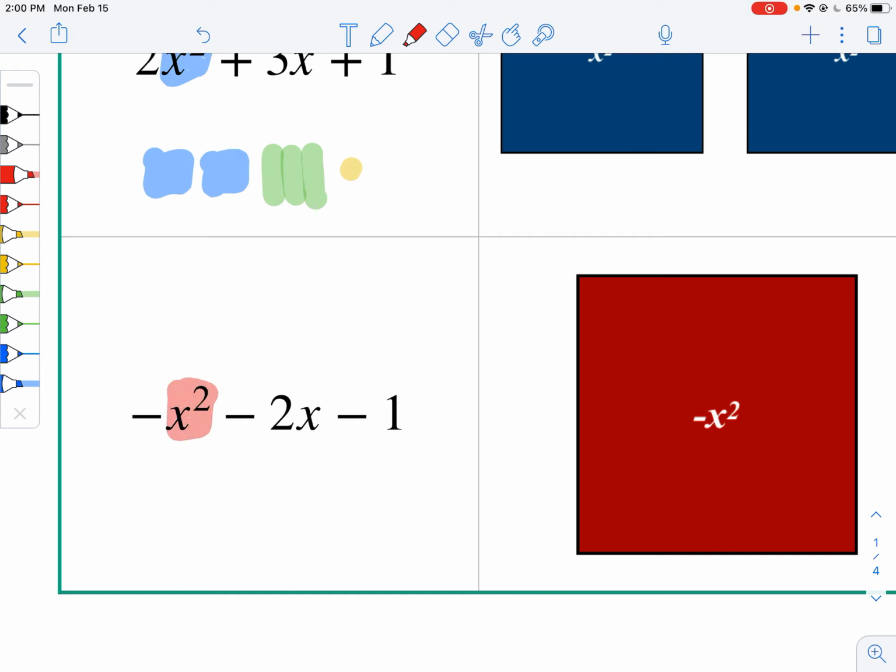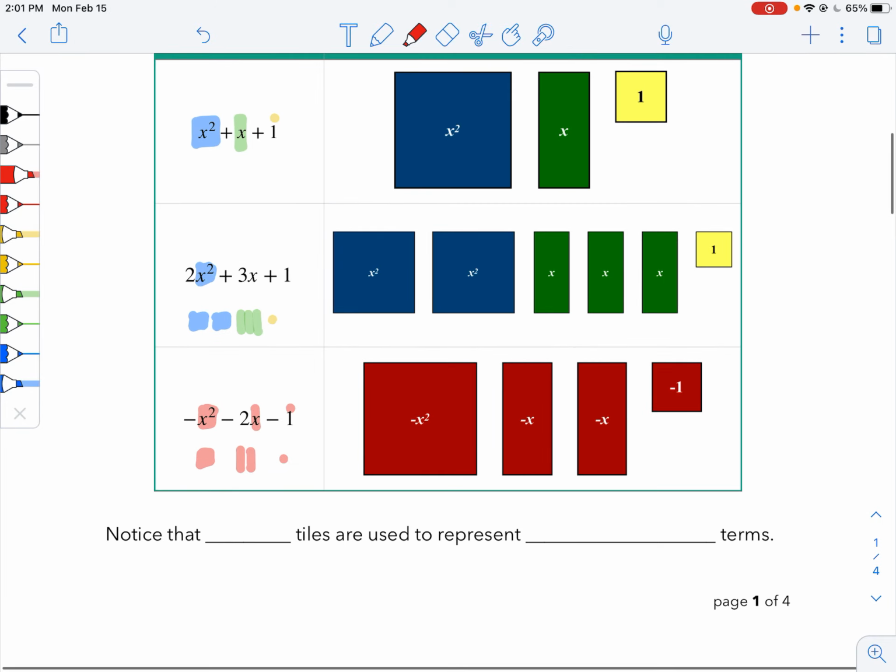So minus 1x squared is 1 red square tile, minus x is a red rectangular tile, and minus 1 is a red small square. Here we have 2 of them, minus 2, and minus 1 looks like that. I will be drawing that idea here.